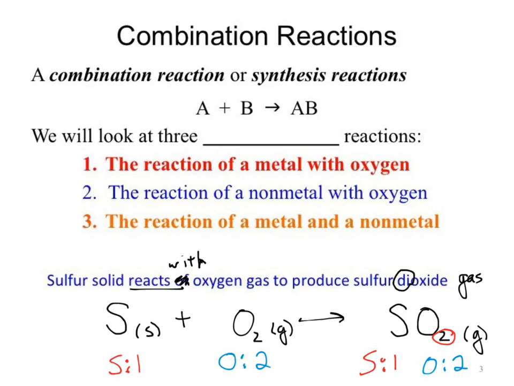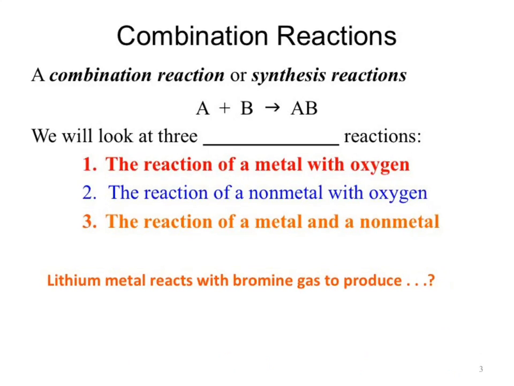Okay. Lithium metal reacts with bromine gas to produce. So first question is going to be, do I need to do this example? I heard a yes and a no. Sorry, I got to side with the yeses. Lithium metal, I'll go through it faster though. Lithium metal, which means we're looking at lithium solid, plus bromine gas.